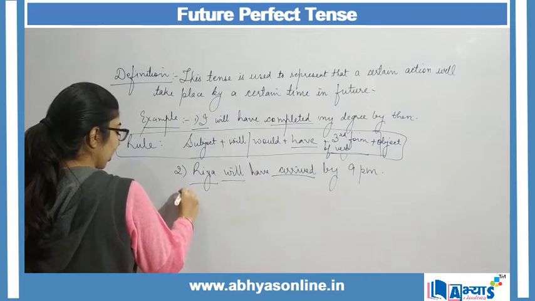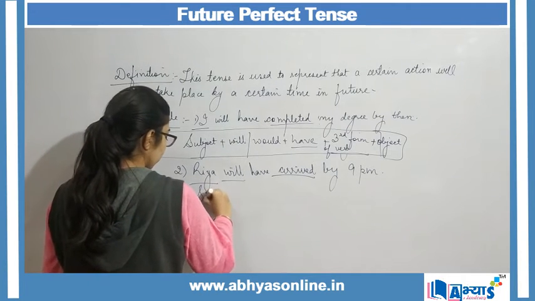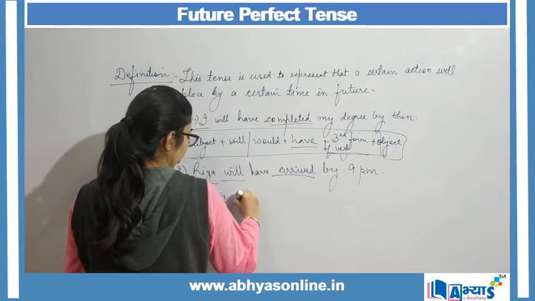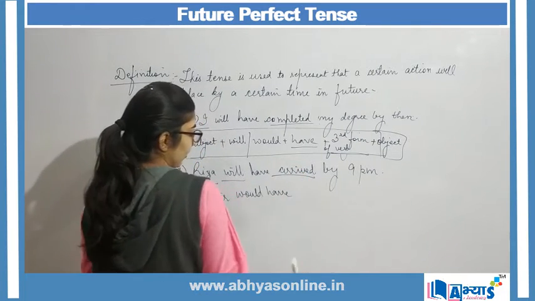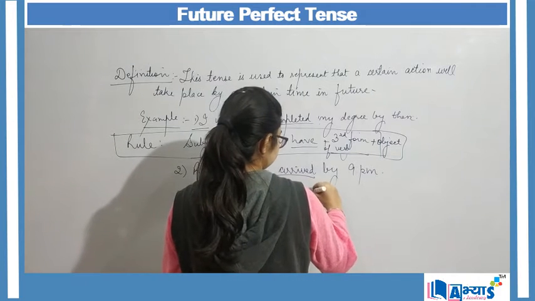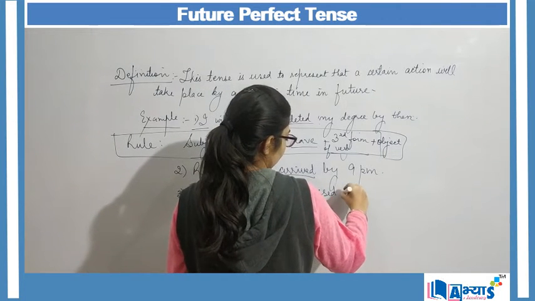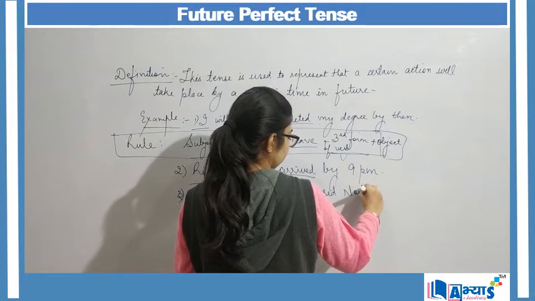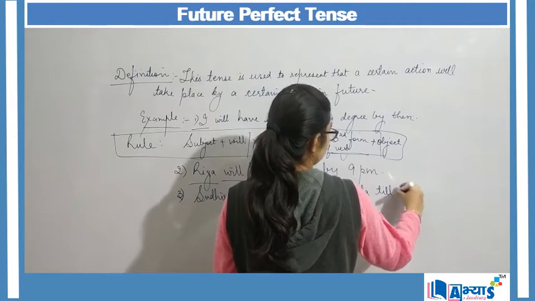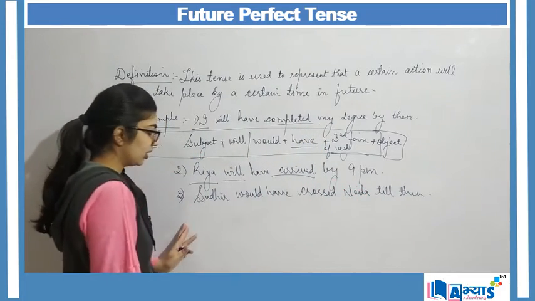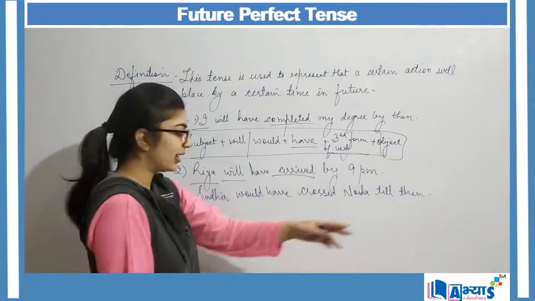Next example can be, Sudhir would have crossed Noida till then.